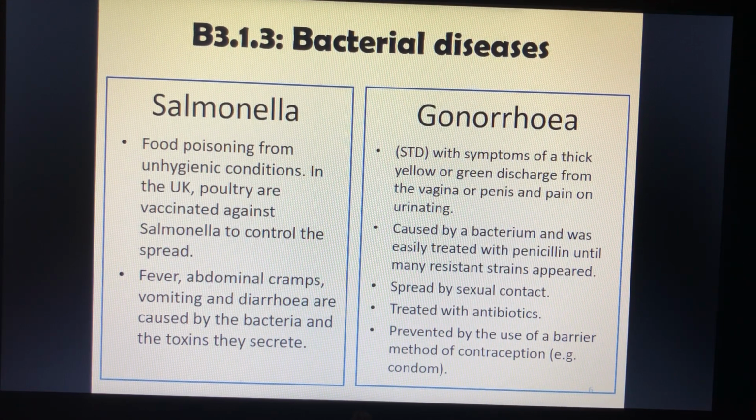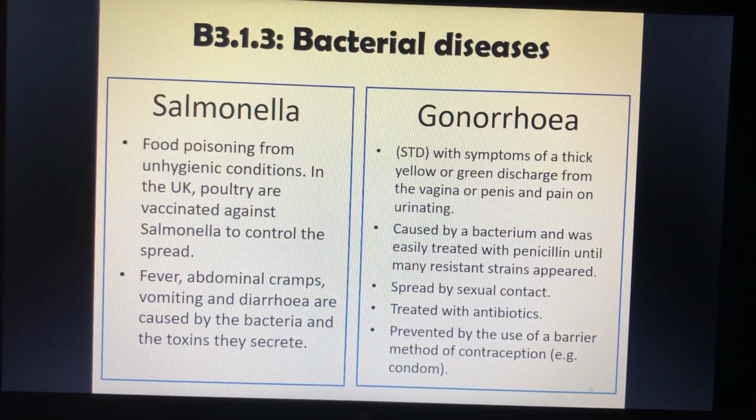In this country, we vaccinate our poultry, so vaccinate the chickens, to reduce the spread of the salmonella. So if we're going to get food poisoning, it's probably going to be in another country where maybe they don't vaccinate the chicken, or when people go to an all-inclusive restaurant or hotel, maybe, and the chicken's been sat out all day on the buffet.